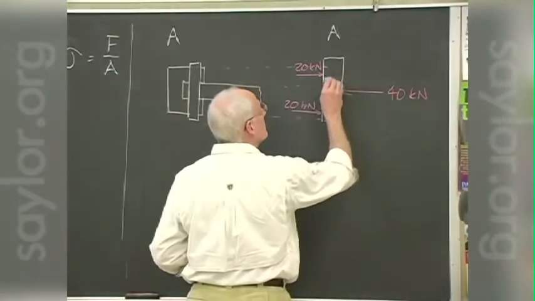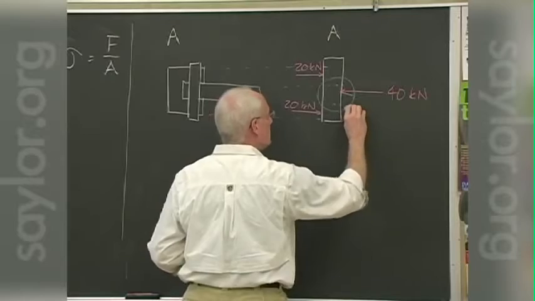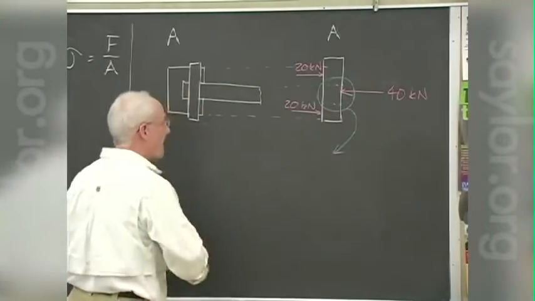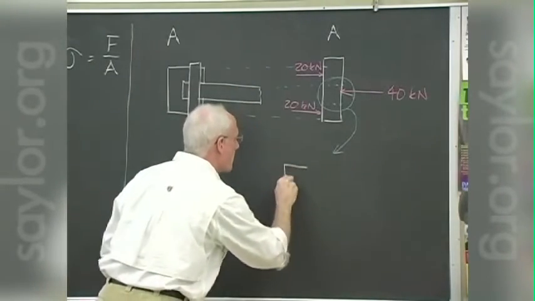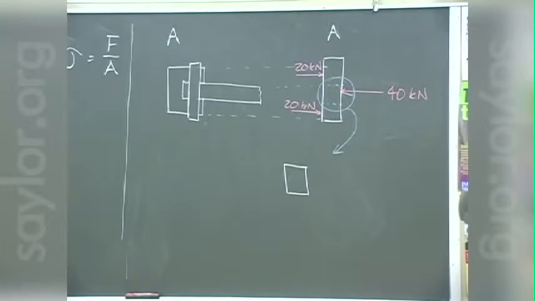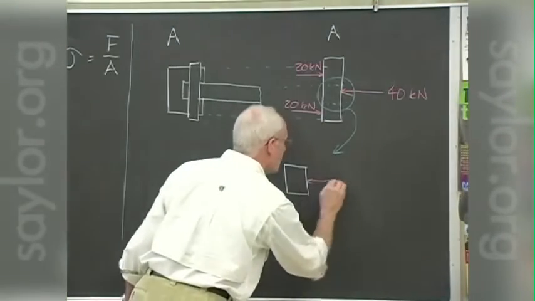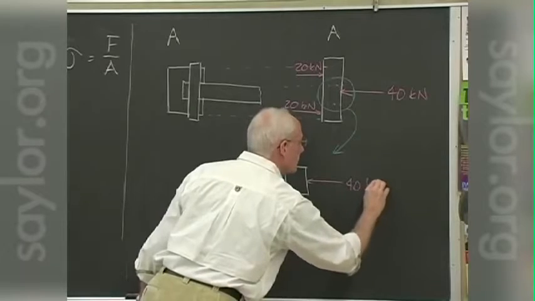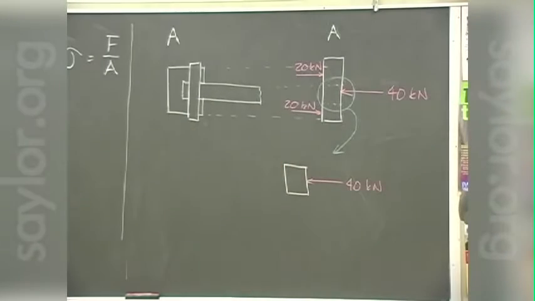So if we look at that little piece there, it's got a 40 kilonewton load that way from the member AB itself.